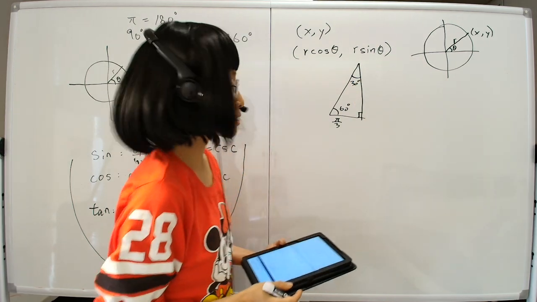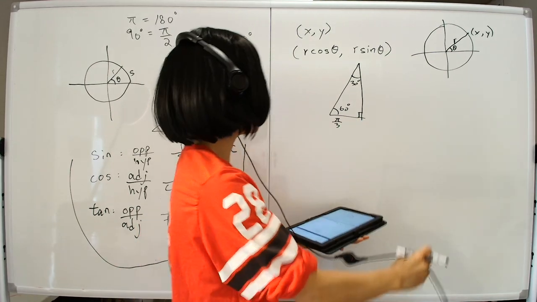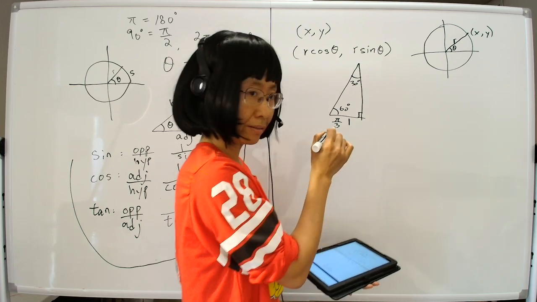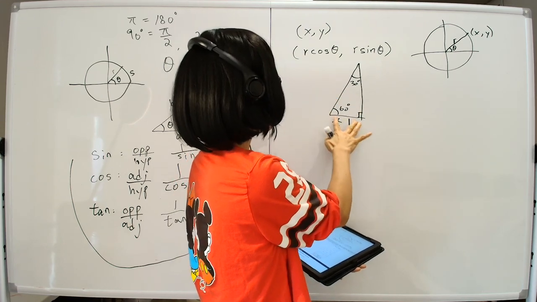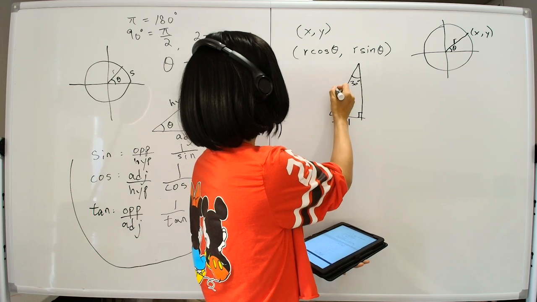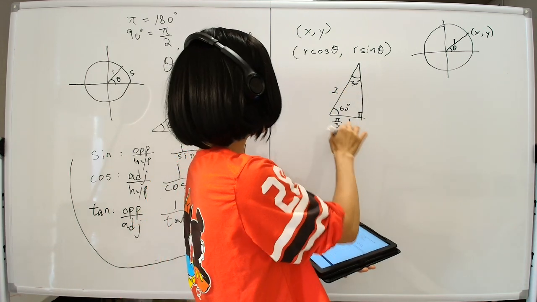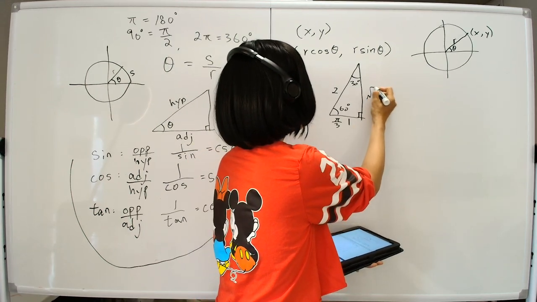In that case, the 30, 60, 90 degree triangle has that interesting quality that it has 1 on the shorter side, and 2 on the hypotenuse. And then the third side you get from Pythagoras' theorem: 2 squared minus 1 squared, take the square root, is square root of 3.